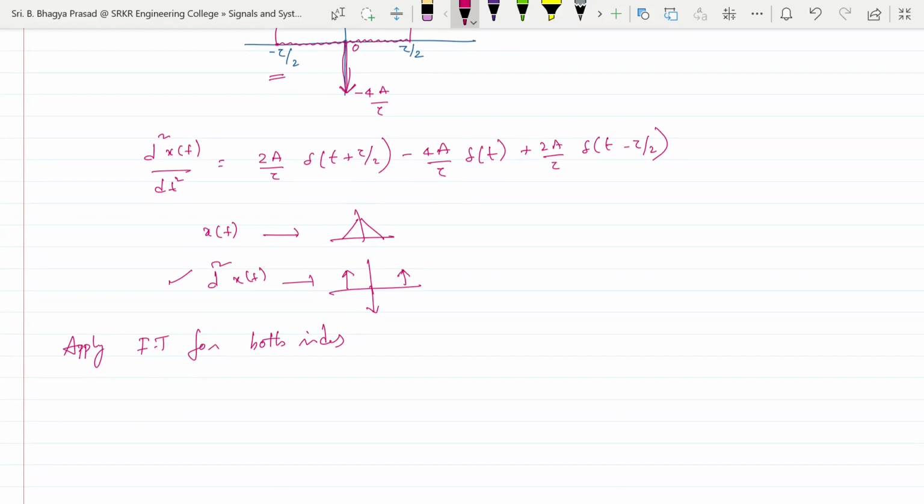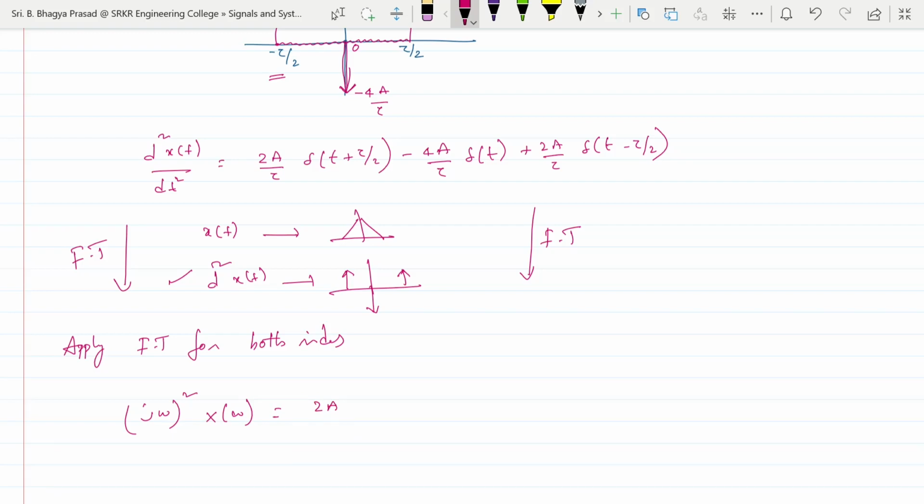So the Fourier transform of d square x of t will be j omega square x of omega. The Fourier transform of impulse, you know this by applying the time shifting property.